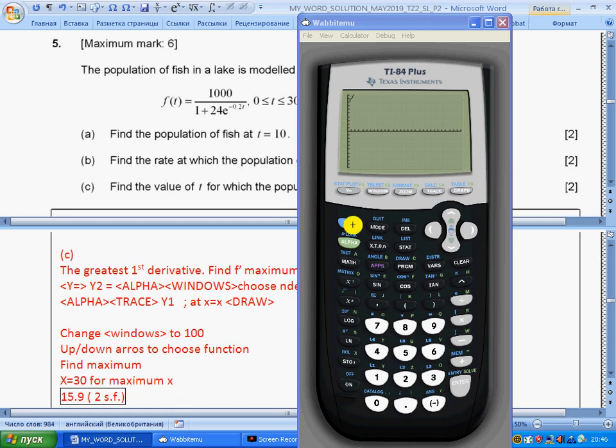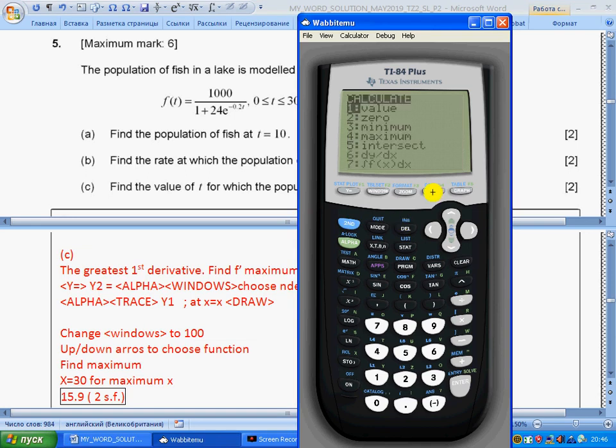Right now, second trace maximum. Left boundary 0, right boundary 30.